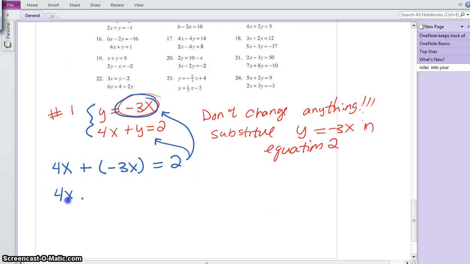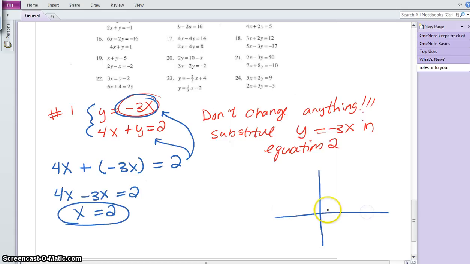So 4x minus 3x is how I can simplify this, and I can combine like terms to find the x for this system. So already I know that the x has to be 2. I don't know where on x equals 2 the y will be, but it's easy enough to find out.